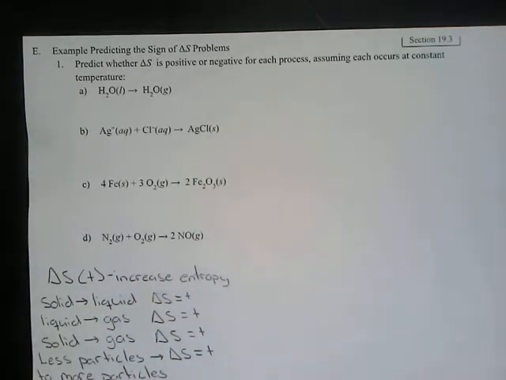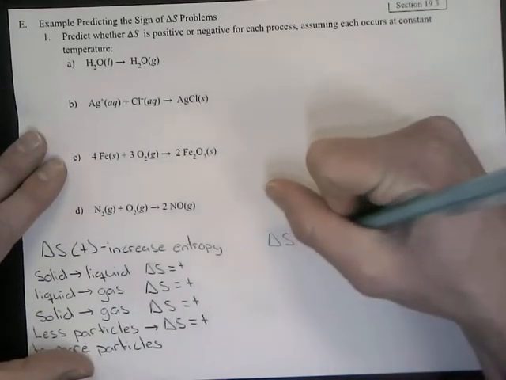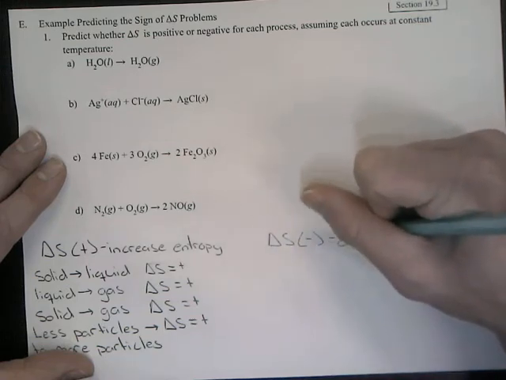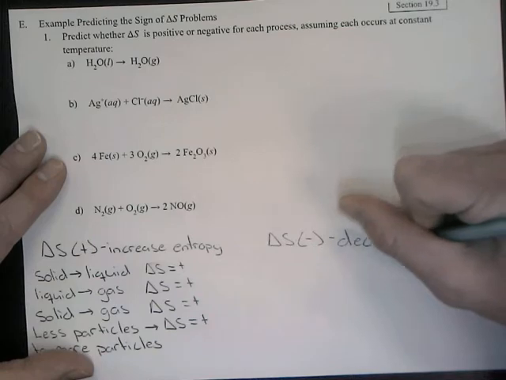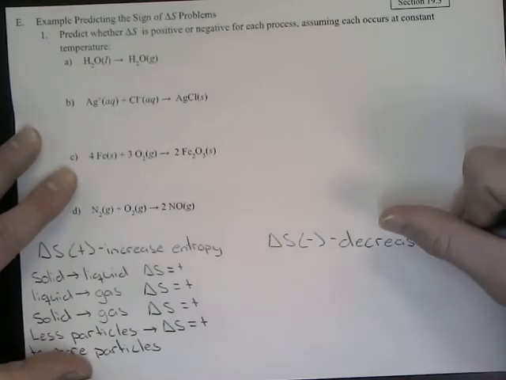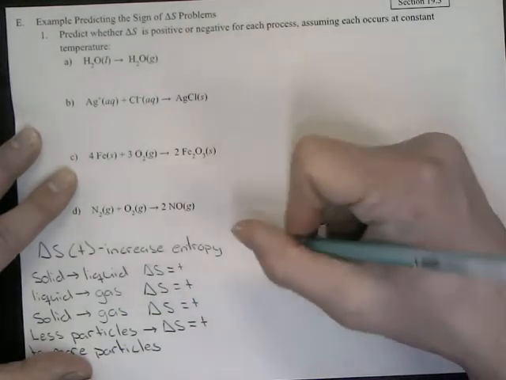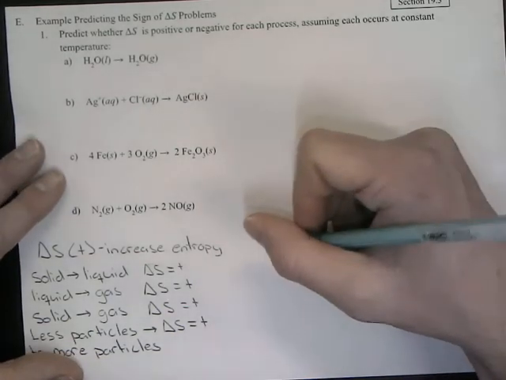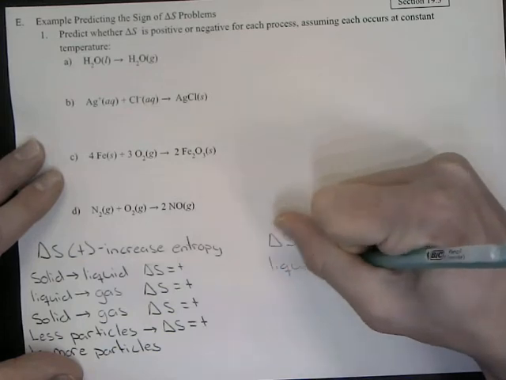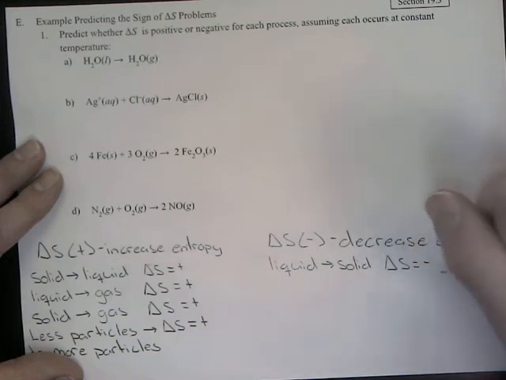Now, let's go on the flip side and make our cheat sheet for when delta S would be negative. A decrease of entropy would be our delta S being negative. So if we go from a liquid to a solid, through that phase change, delta S is negative.